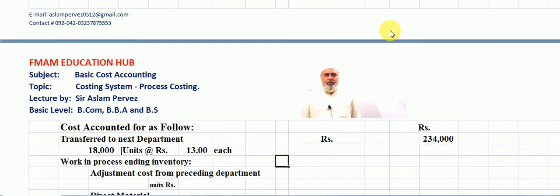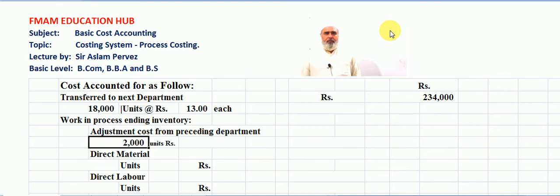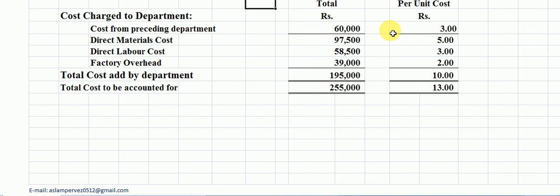Now we move to the work in process ending inventory cost here. How many units are still in process? 2,000 units are still in process. The cost is here as 3 rupees per unit from the preceding department.